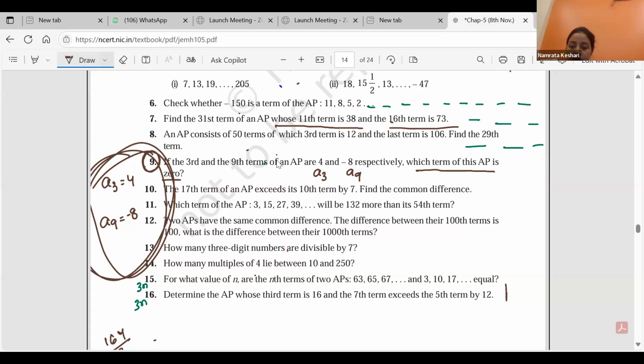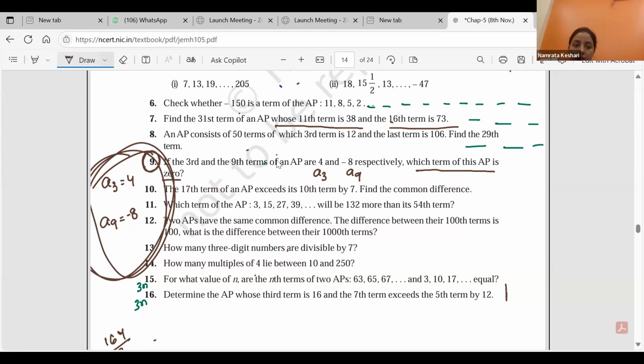So can't we subtract the two equations? No. Like subtract equation 1 from equation 2.